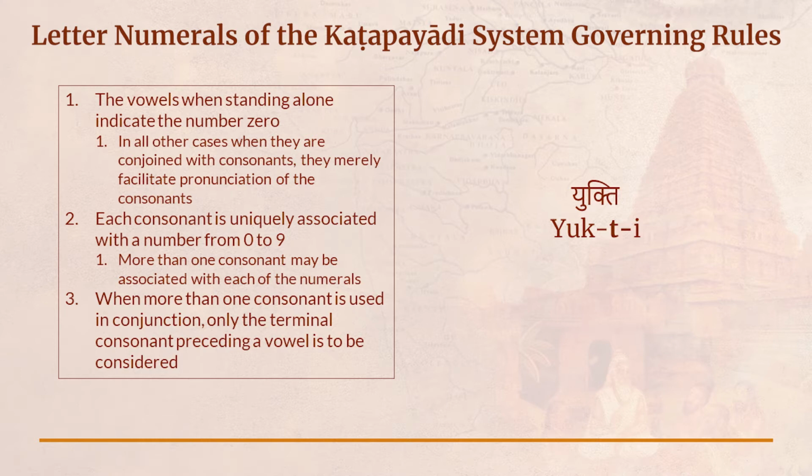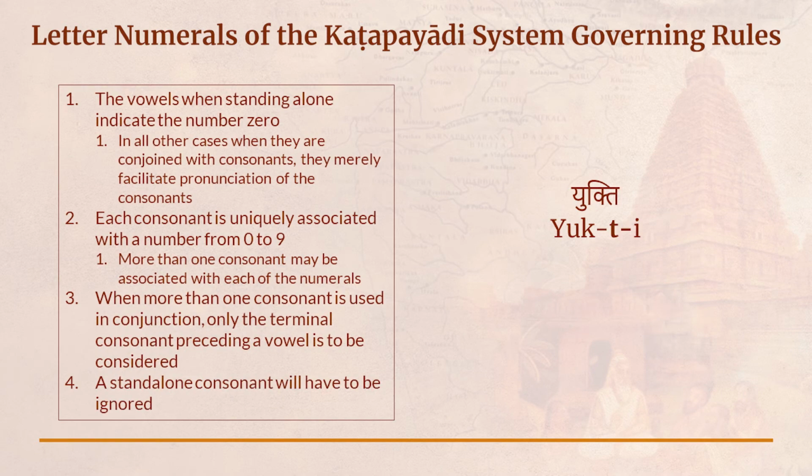So, we will ignore the ka, and take only the tha. In other words, the last consonant which is associated with the vowel is used, all others are ignored. That is another rule. A standalone consonant will be ignored, but a standalone vowel will have a value 0, as we saw already. So, these are the ground rules.